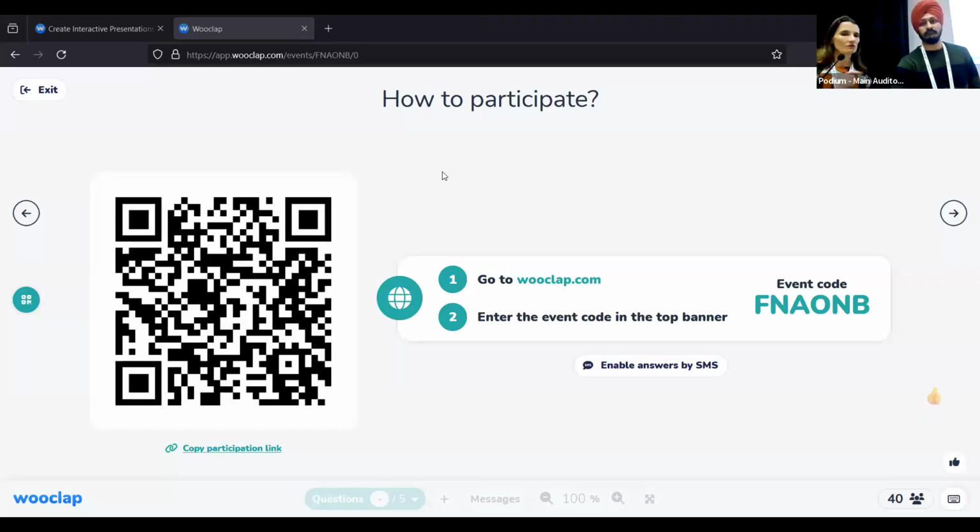So if you have your mobile phone and you're either connected to Wi-Fi or to 4G, we're going to be showing you a QR code. If you can have a look at the QR code, that is going to take you to WooClap. You then need to enter the event code in the top banner, and the event code is FNAONB.